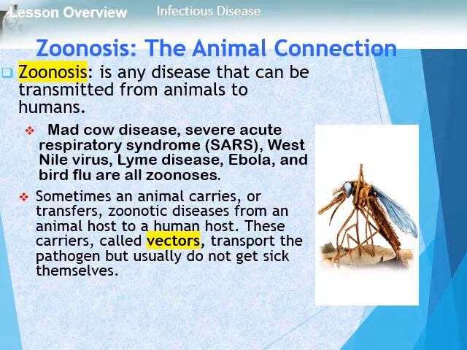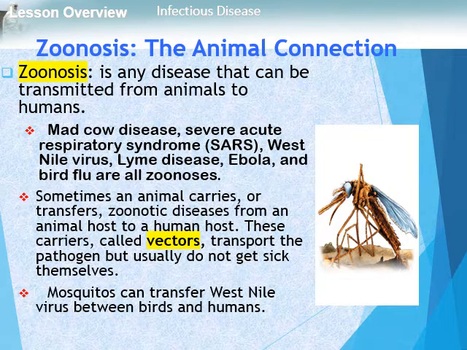Sometimes an animal carries or transfers zoonotic disease from an animal host to a human host. These animals are called vectors, and as the name indicates, they carry or transport the pathogen from one organism to another, but usually do not get sick themselves.